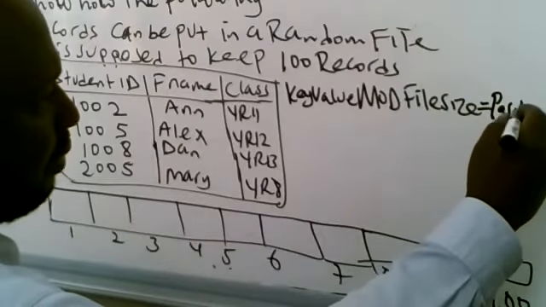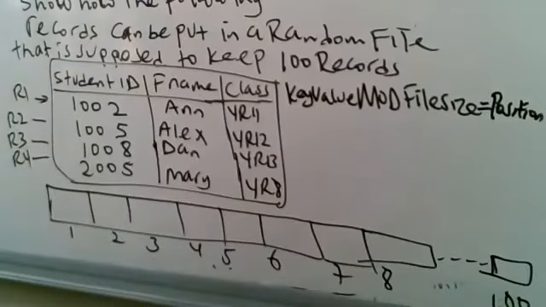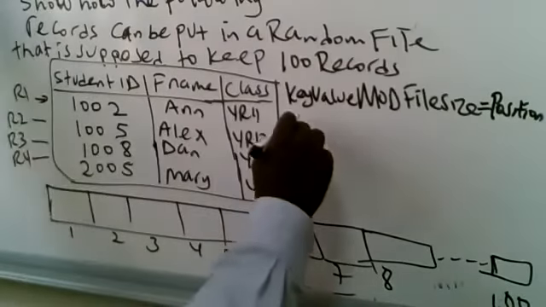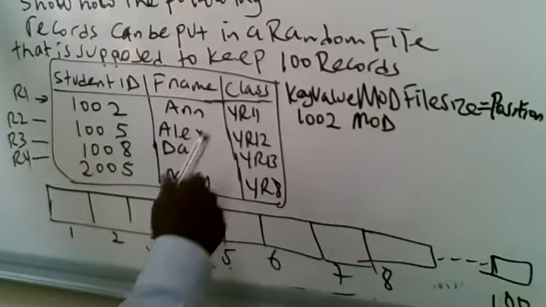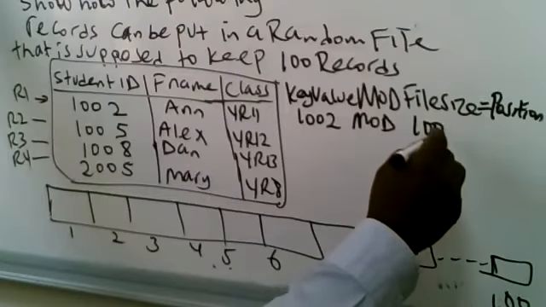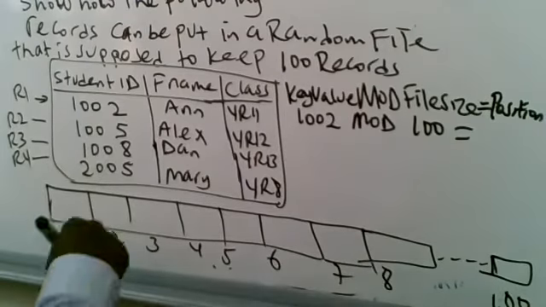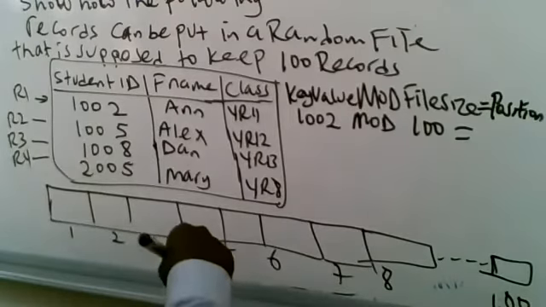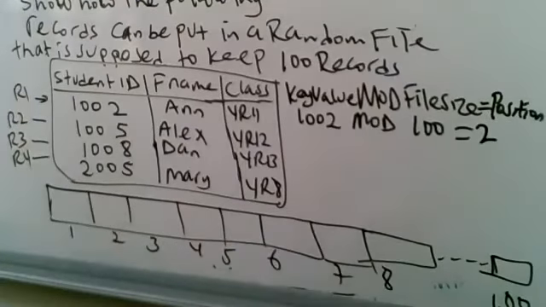Remember now, position can be referred to as index. So for Anne, I'll get 102 modulus 100, because our file size is 100. So 102 divided by 100, what is the remainder? That gives us 2 as the remainder. Good.